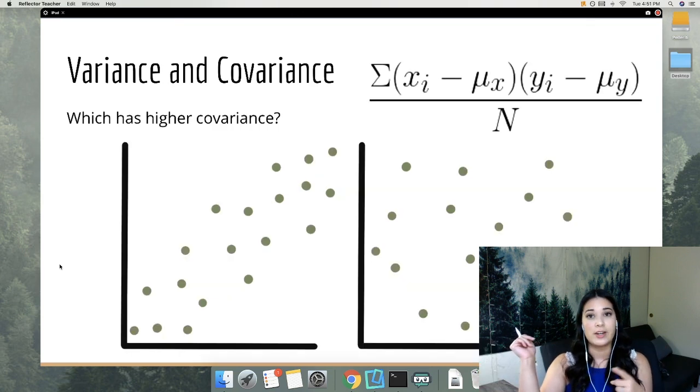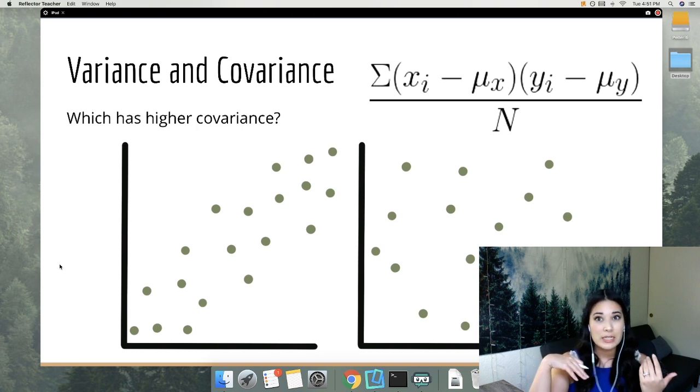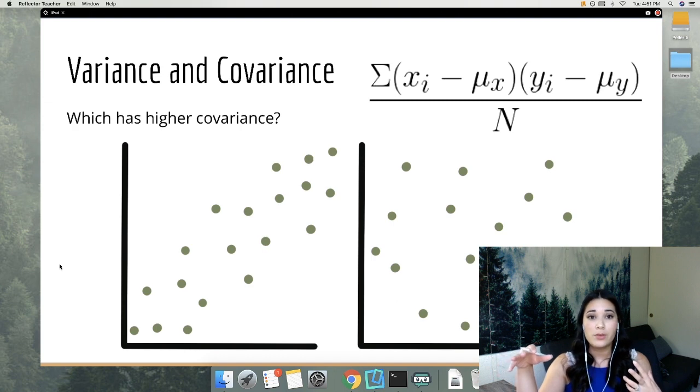Now on to covariance. Again, I have the formula for how to calculate this up in the top right corner, but you don't really need to memorize that as long as you understand what covariance is measuring. So if variance is how spread out things are in one variable, covariance is how two variables move together.